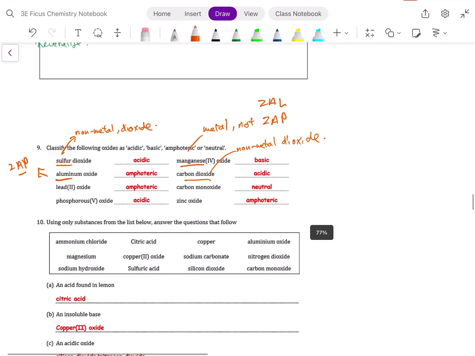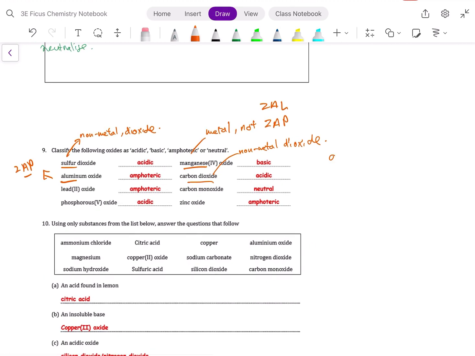So acidic ones, basically they must be non-metal, and they cannot be monoxide. The rest all can. Neutral ones are non-metal and they are monoxide. Not a lot of them.